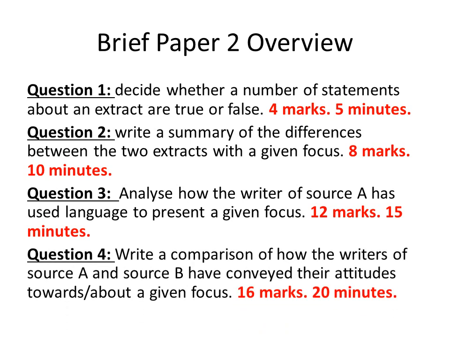Question 4 is the biggie in terms of marks, and it's a comparison question, where you write a comparison of how the writers of source A and source B have conveyed their attitudes towards something. So you have to write about both of the sources for that one, 16 marks and 20 minutes.